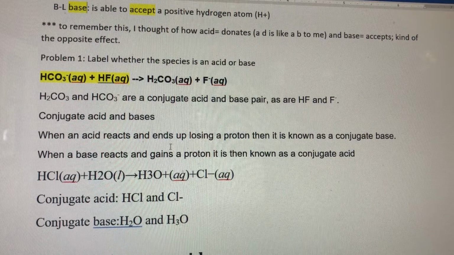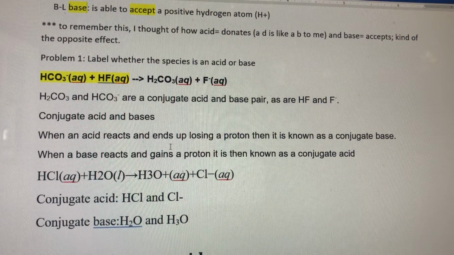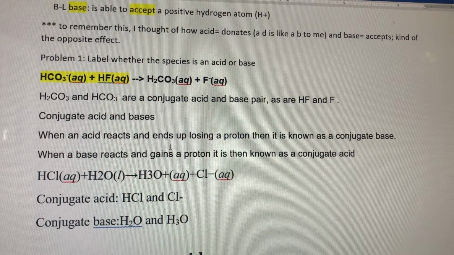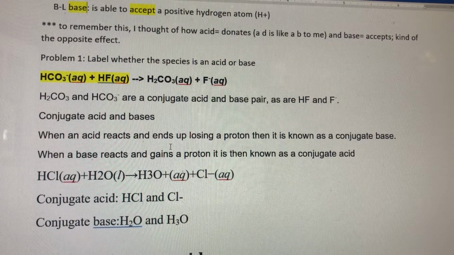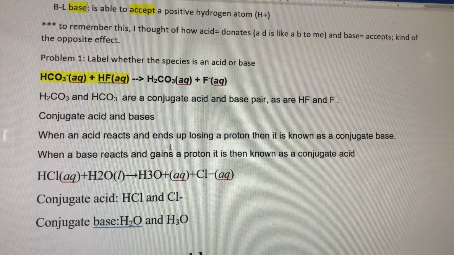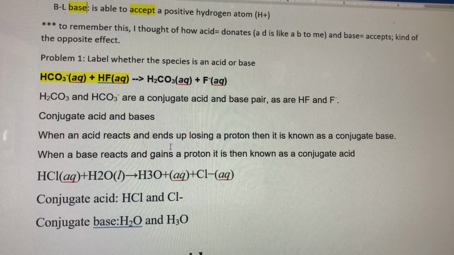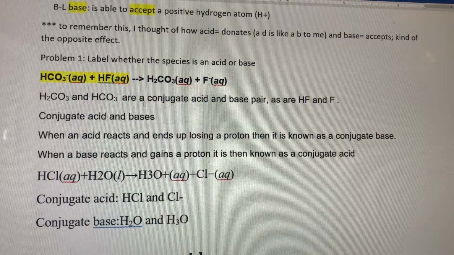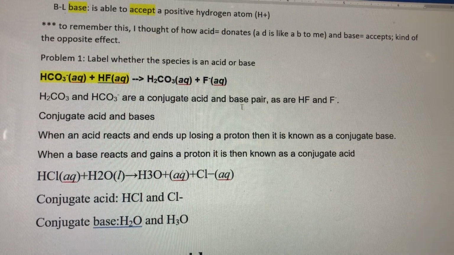To understand this better, we're looking to see who's going to be donating the hydrogen ion and who's going to be accepting it. So basically these two that I have here are going to be a conjugate acid and base pair.